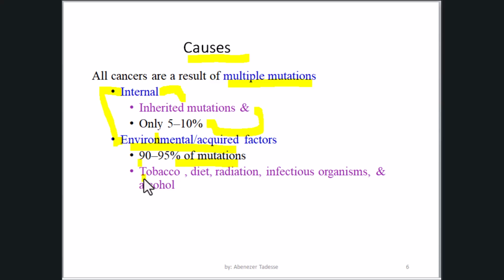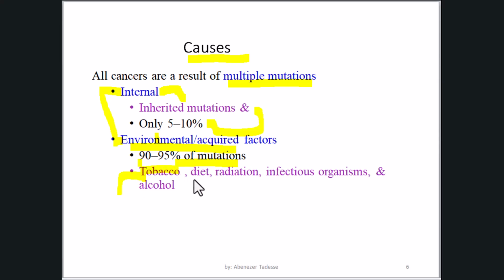The first one is tobacco. Tobacco especially can result in the development of lung cancer, mouth cancer, esophagus cancer, and especially bladder cancer.